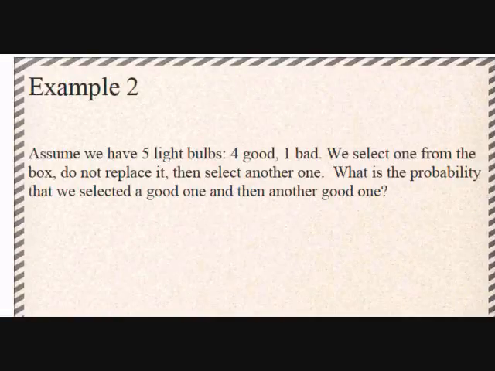All right, let's go back to our light bulb problem. We select one from the box. This time we don't replace it. So the probability of a good light bulb changes. The probability of a good light bulb for the first good light bulb is still 80%.